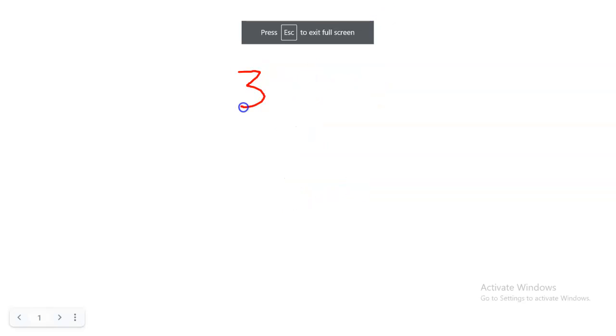Now if I've got 3 plus 5 is equal to 8, but let's say I don't know that this 5 is actually 5. Okay, so I'm going to rewrite this. So I've got 3 plus, and if I don't know what a number is in mathematics, I represent it using a variable.